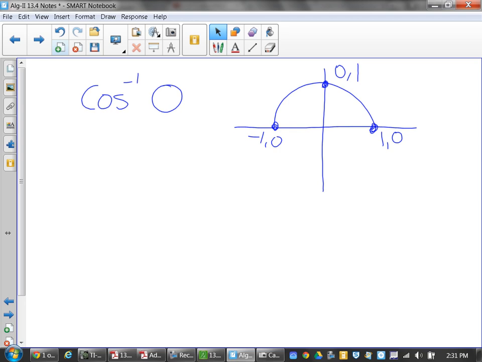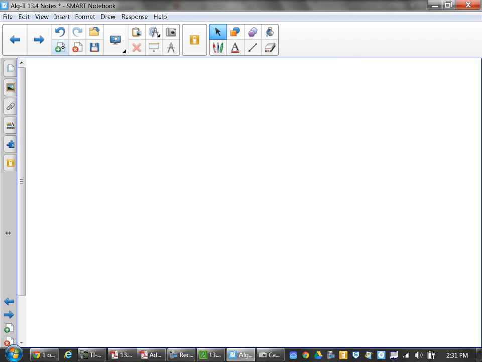On that vertical, it's 0 divided by 1. Therefore, it is pi over 2, or 90 degrees. It's here. It's there.